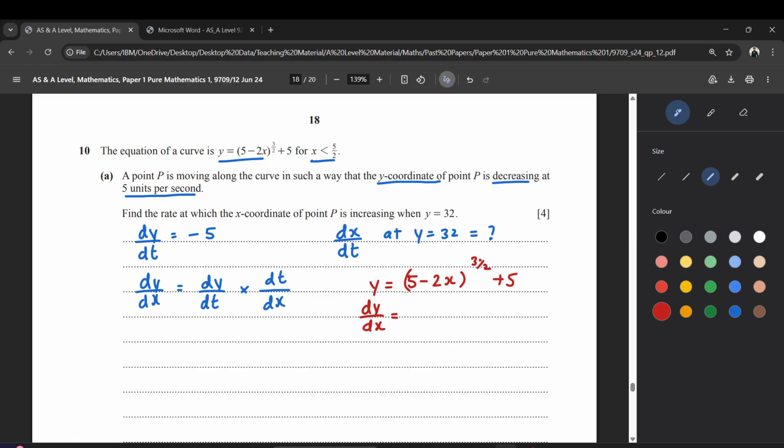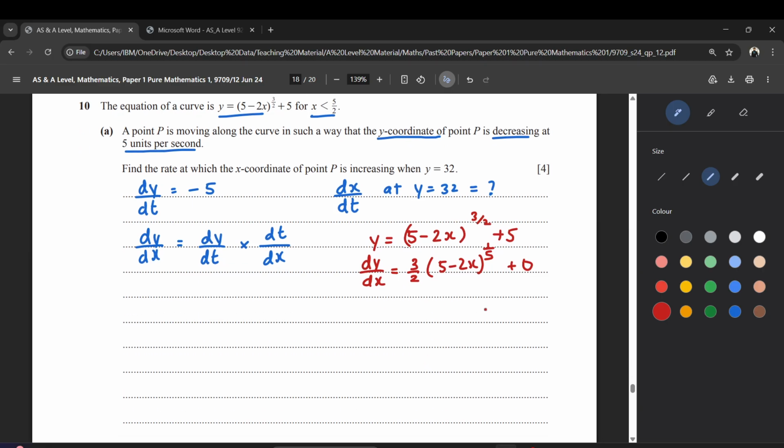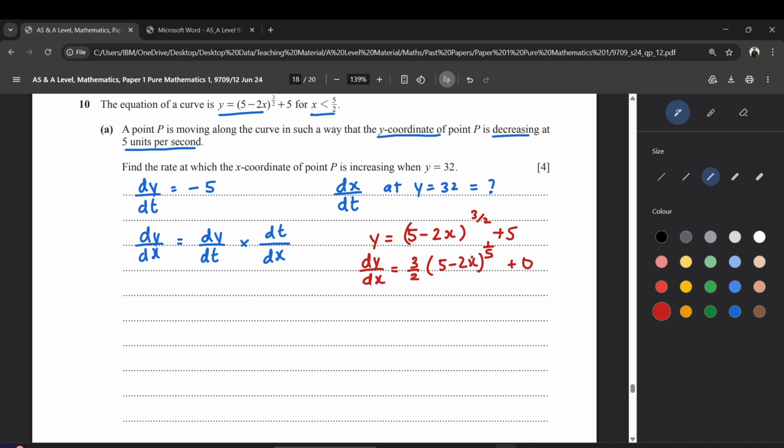You first multiply the power, so this is 3 upon 2 times (5 minus 2x), then you subtract 1 from the power. So 3 upon 2 minus 1 gives us half. And because this is a constant, it just becomes 0. Now, this is my dy/dx.